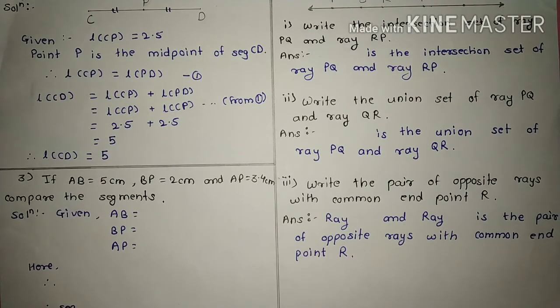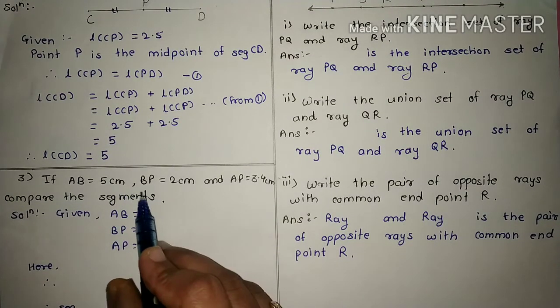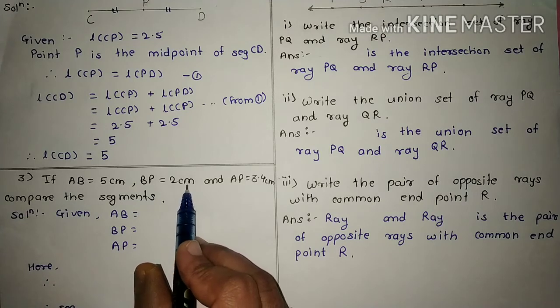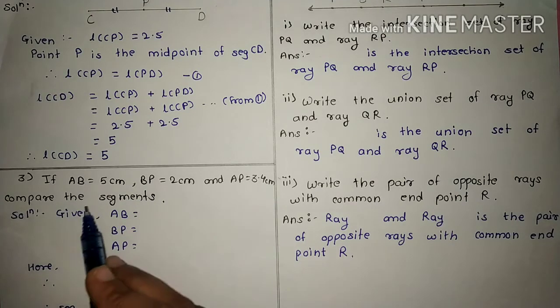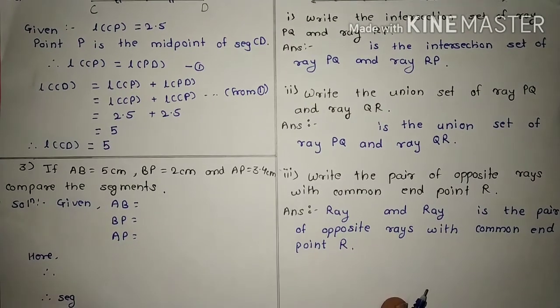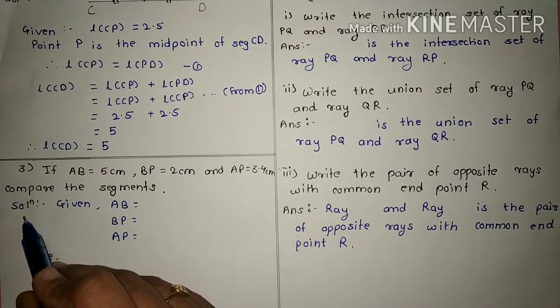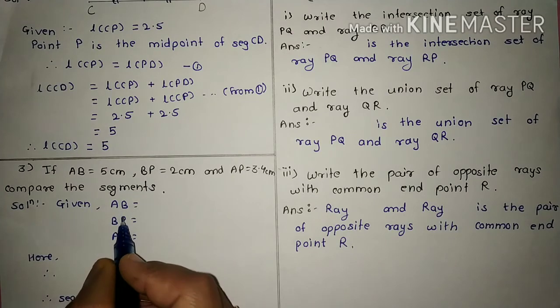If AB equal to 5 cm, BP equal to 2 cm and AP equal to 3.4 cm, compare the segments. See solution. First write down given terms.